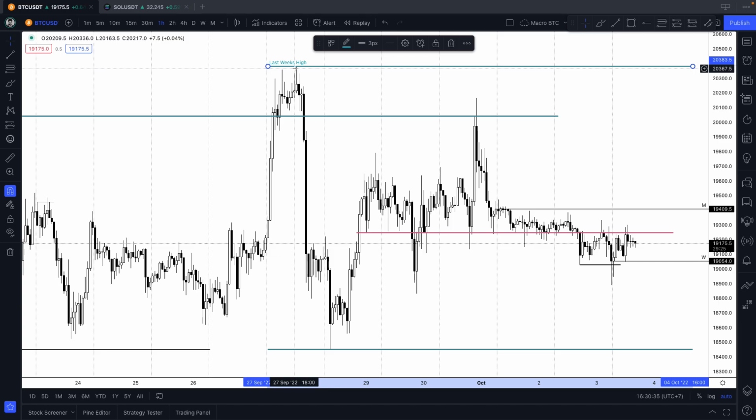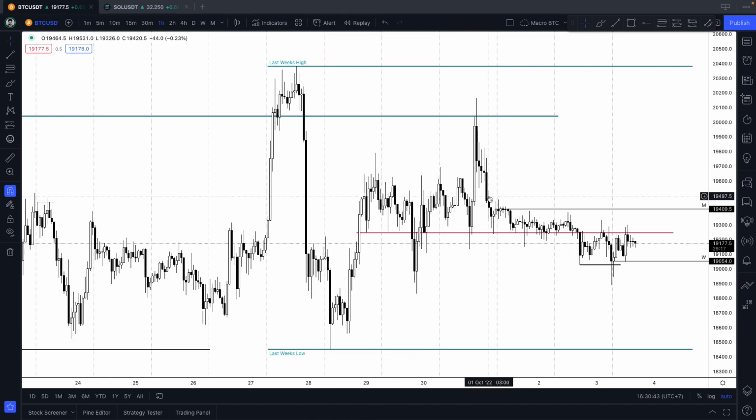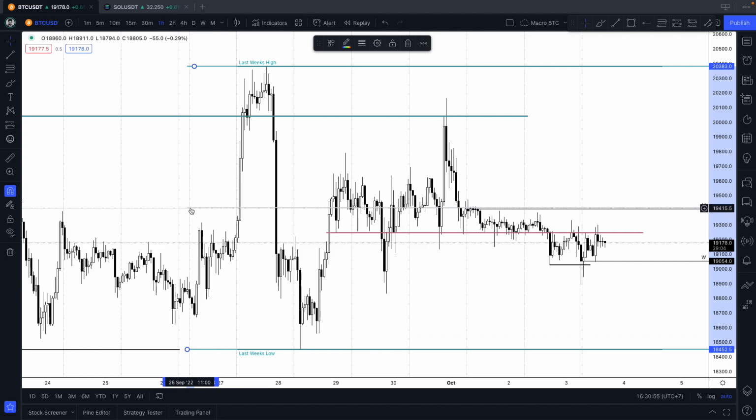So the high came in on Monday, the low came in on Tuesday. Last week's low there. Okay. Now, mid-range. The reason we use the mid-range, it's not an actionable level. It's roughly in there.